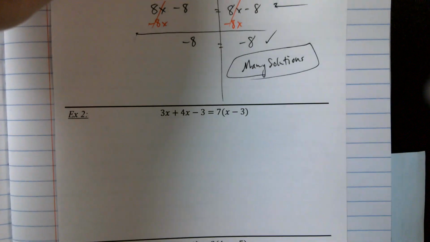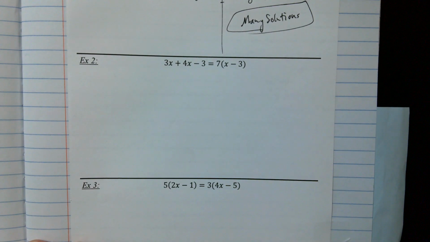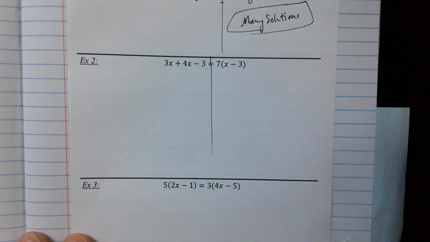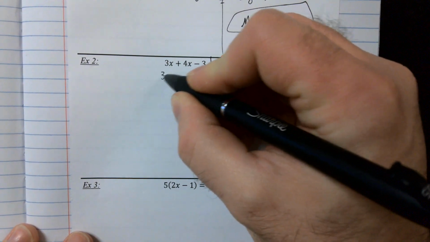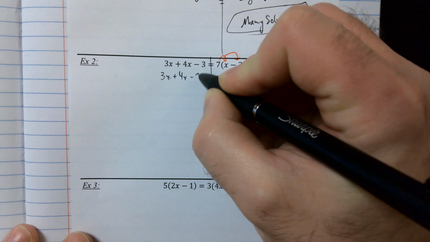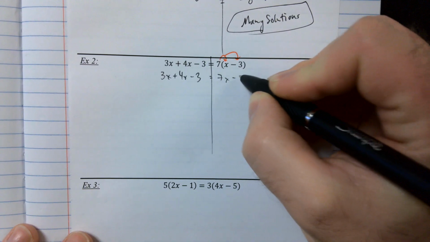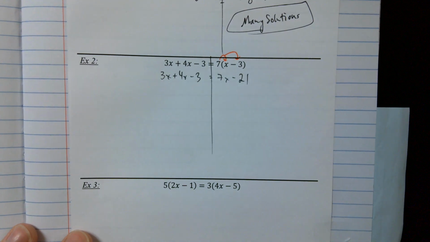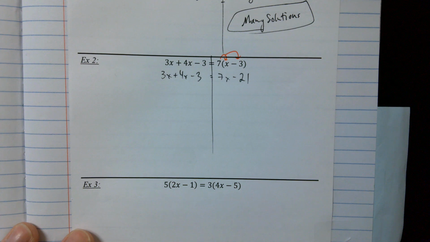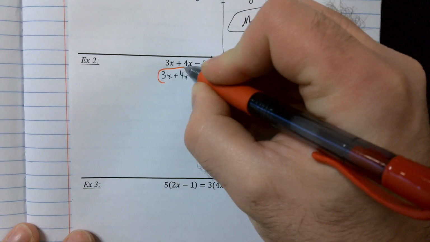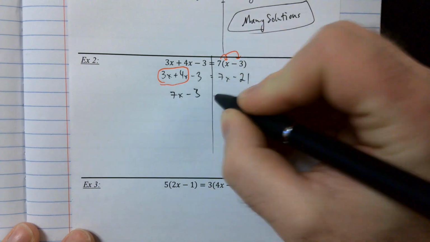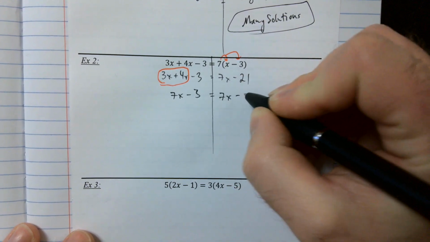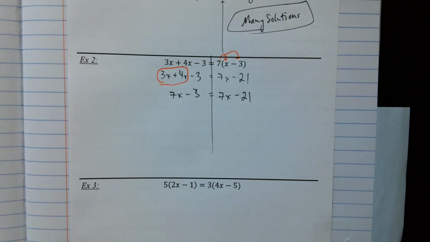Now, example number 2, same kind of deal. We're going to start with distributing. If I distribute the 7, 3x plus 4x minus 3 equals 7x minus 21. I'm going to combine these like terms right here. 7x minus 3 equals 7x minus 21.